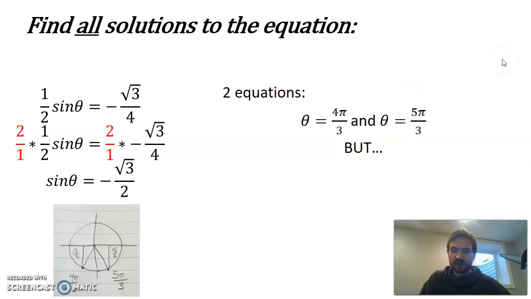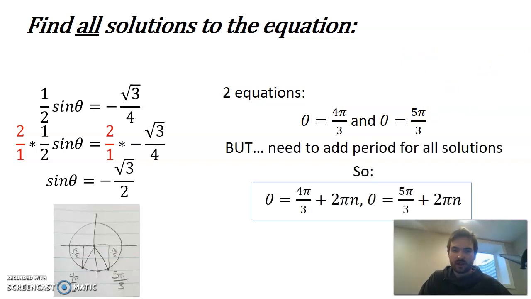Our period for a sine equation is 2 pi, so we add 2 pi n to both angles, giving us theta equals 4 pi over 3 plus 2 pi n, and theta equals 5 pi over 3 plus 2 pi n. And that's our final answer for this equation.